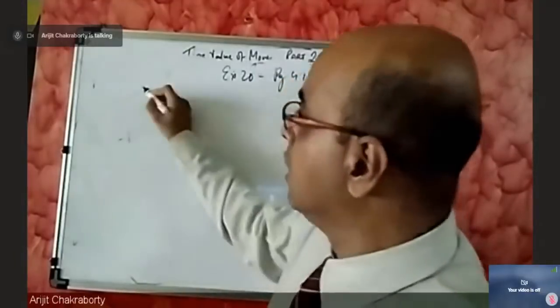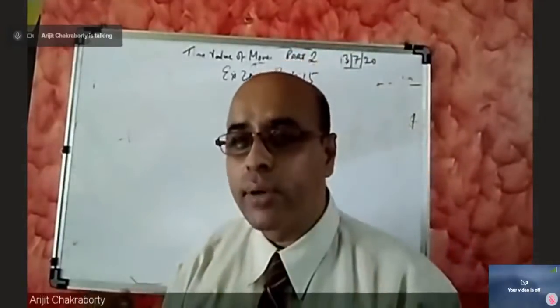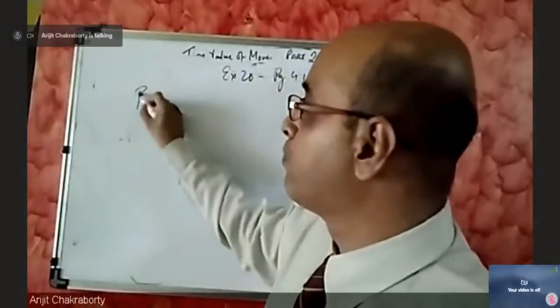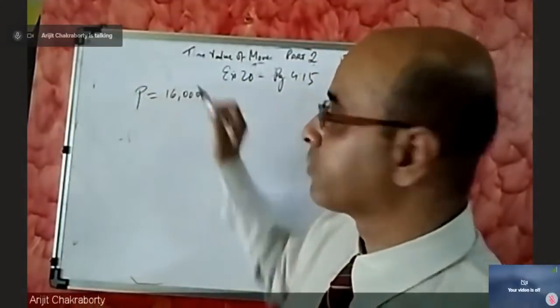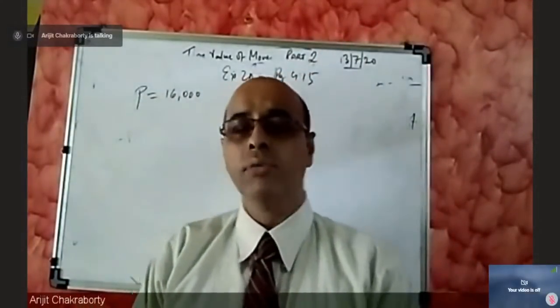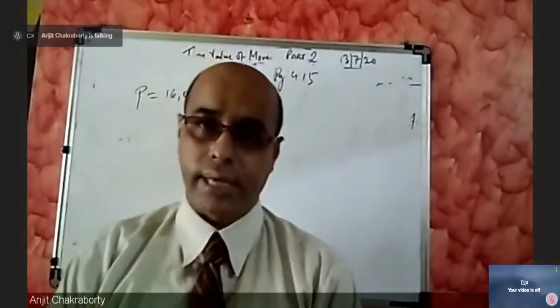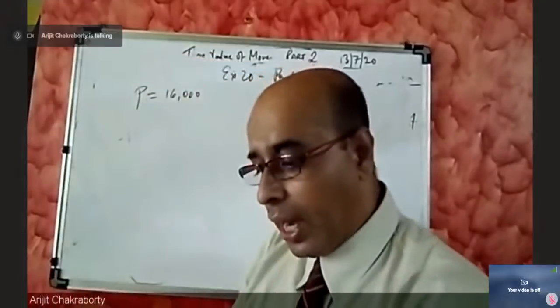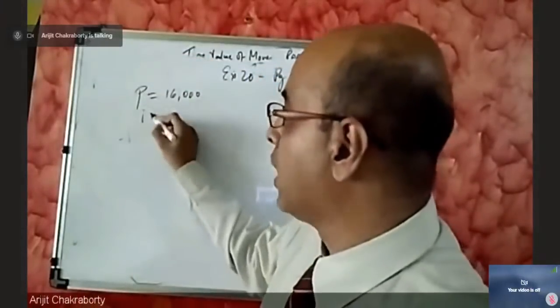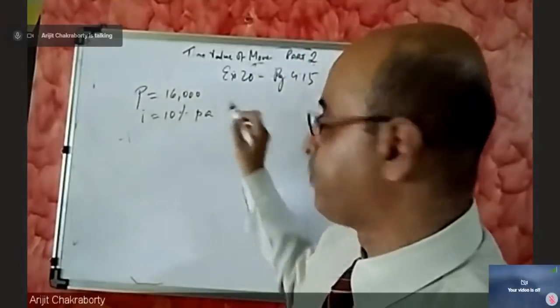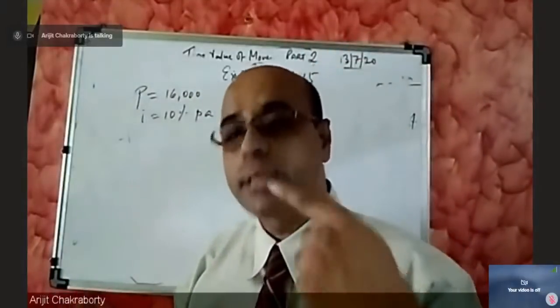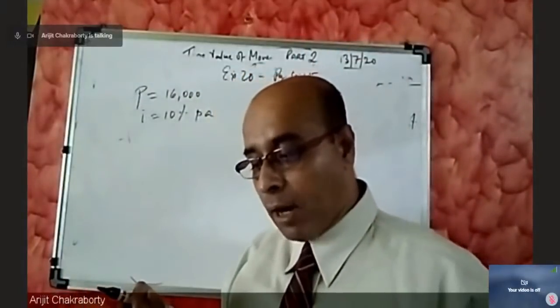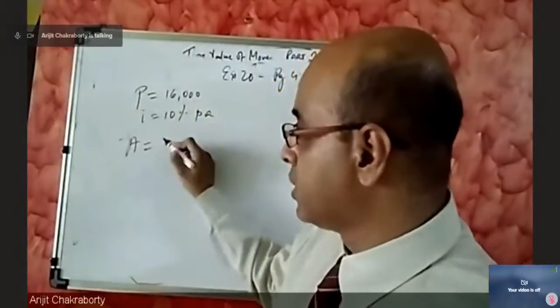As we read the question, let us write. The principal P is 16,000. Principal is the amount of money with which I start investing. I invest it at 10%, so i is 10% per annum, and it is compounded semi-annually, and the amount is 18,522.